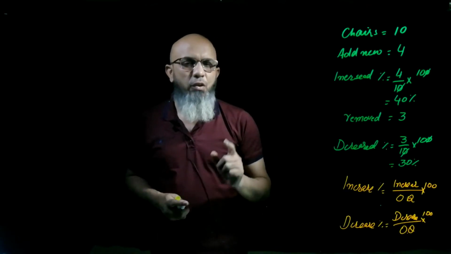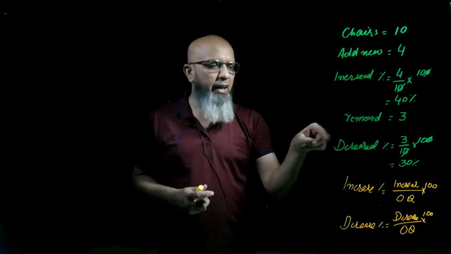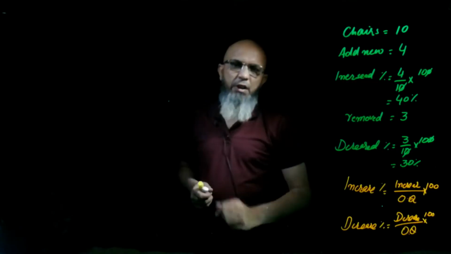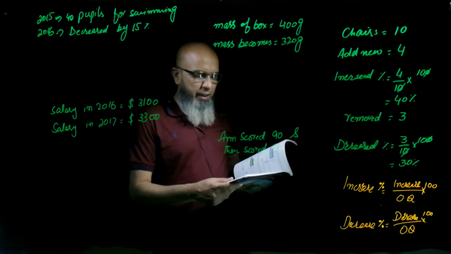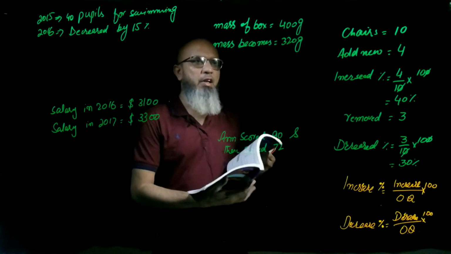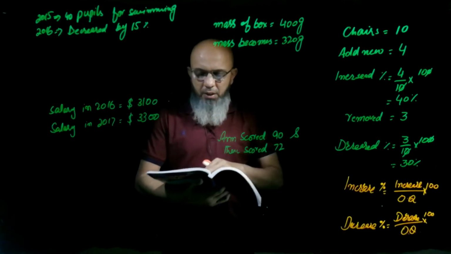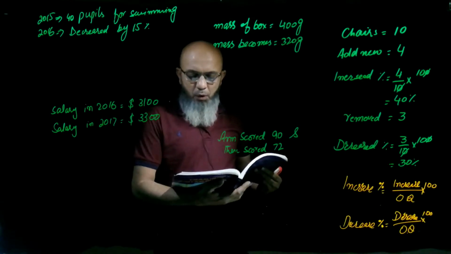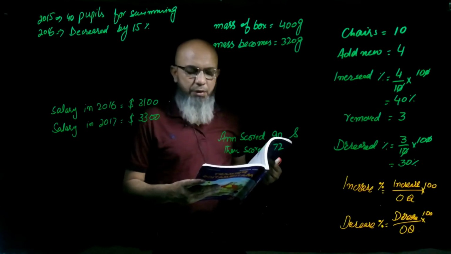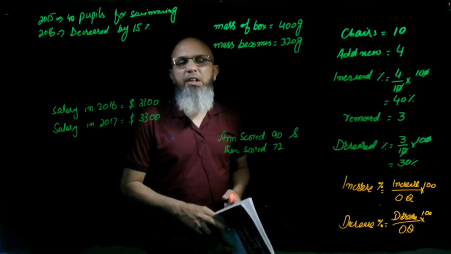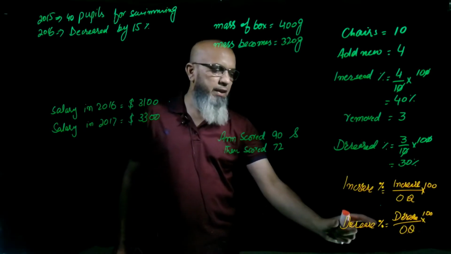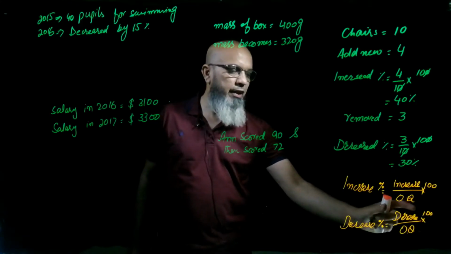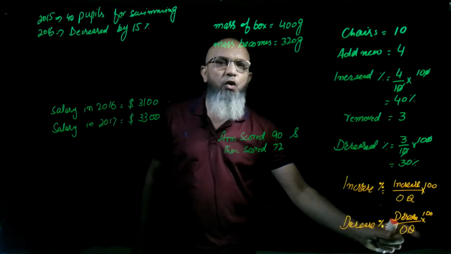So let's start with some questions regarding increase or decrease in the percentage. I read some questions from your textbook. The first question is that the mass of a box of marbles was 400 grams, and after removing some marbles from the box, the mass became 320 grams. Find the percentage decrease. So what do we have to find here? Percentage decrease. For finding percentage decrease, we need the decreased value and the original amount.